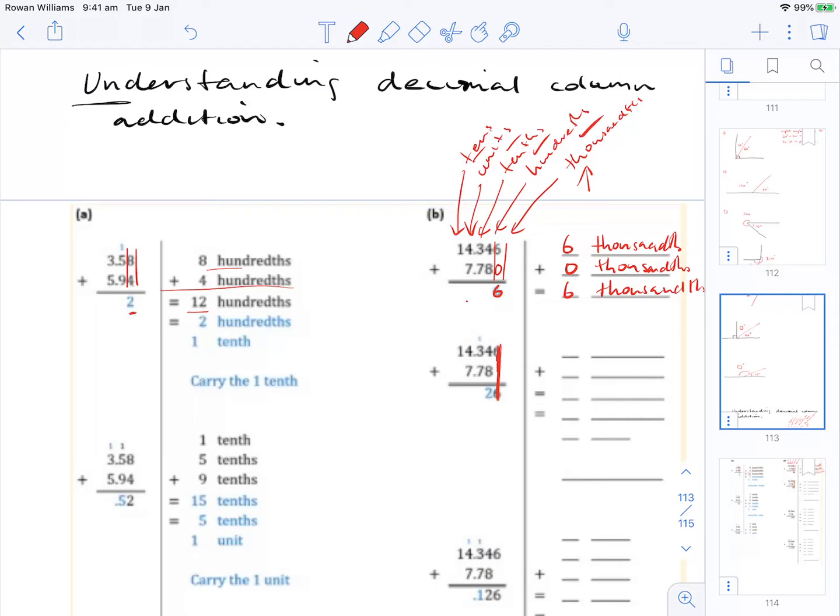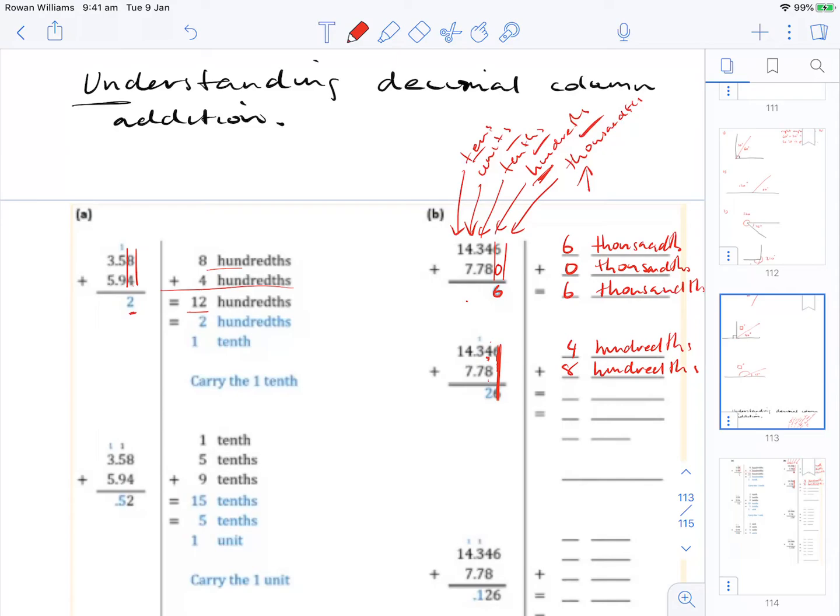Now I go on to my next one across, which was my hundredths column, and I just read it off again. So this time I've got 4 hundredths plus 8 hundredths, the number under it. So when we're doing this, we add our top number to our bottom number.